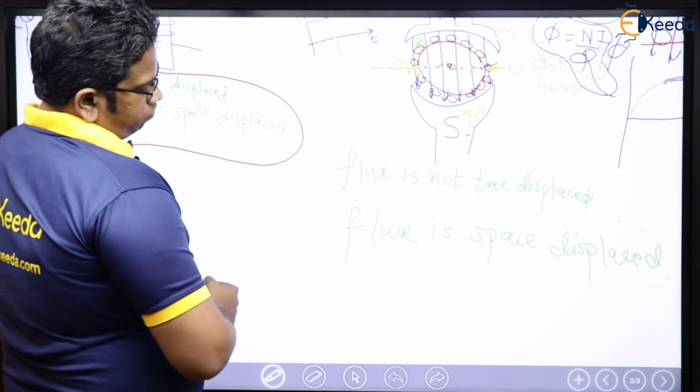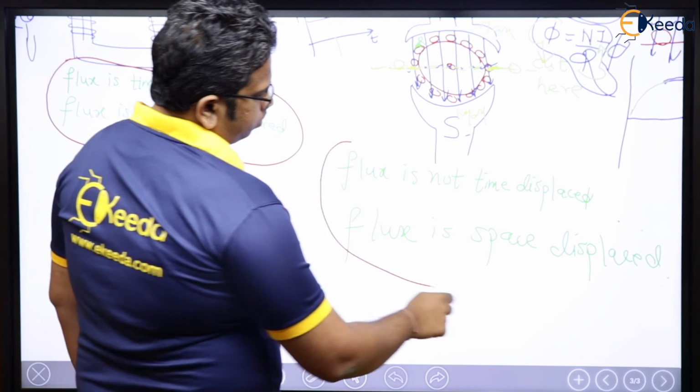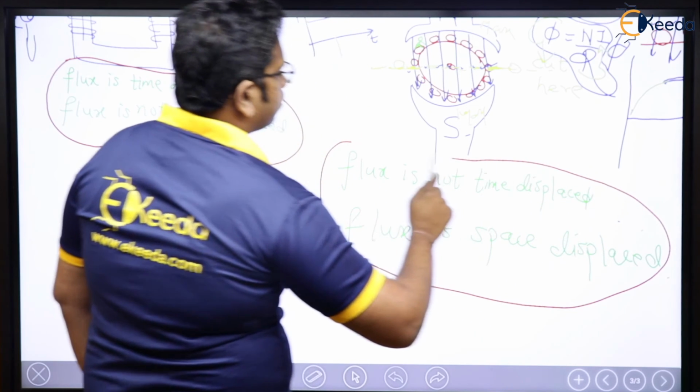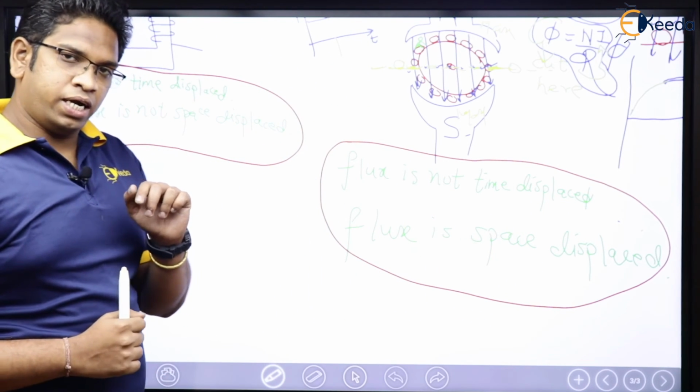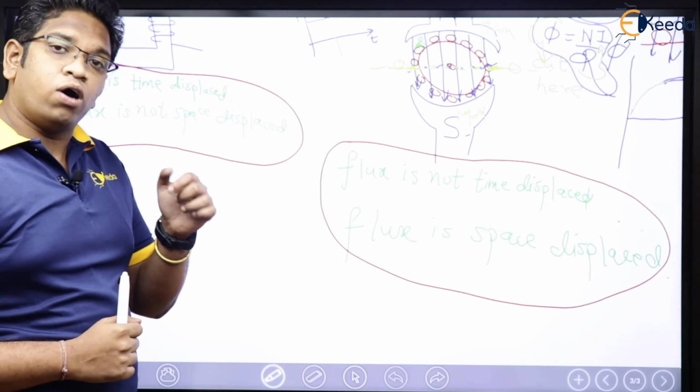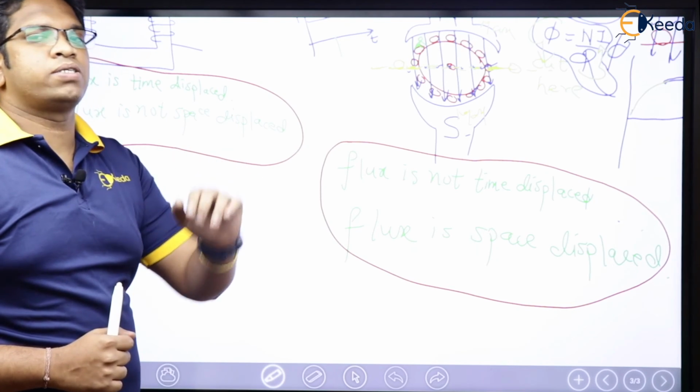In the case of a DC machine, what is happening? Flux is not time displaced, but flux is space displaced. What does this mean? If you combine both, you will understand that flux or MMF or flux density can be either time displaced or space displaced.